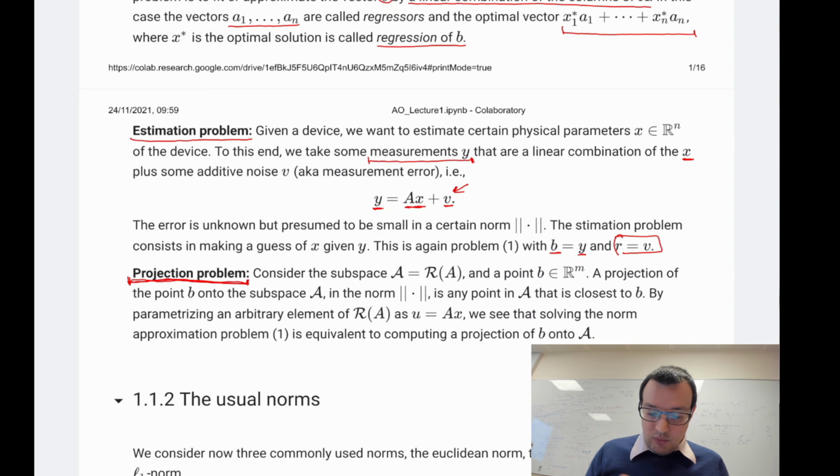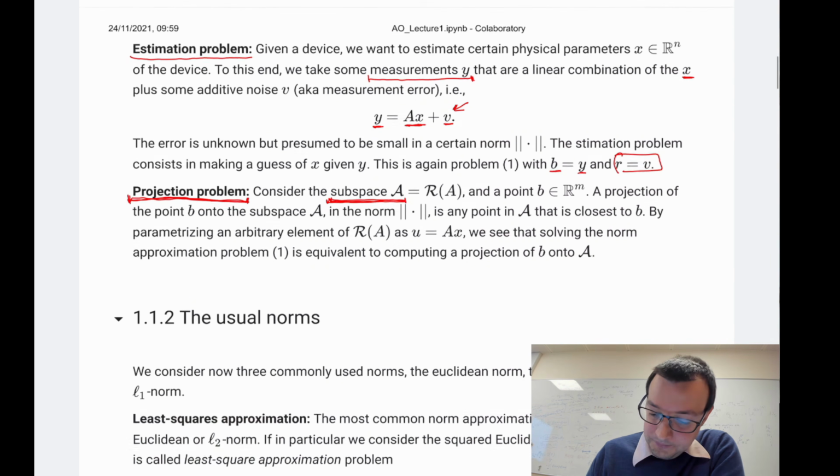We are given a subspace, calligraphic A, and the way of representing a subspace is through the range of a matrix A. The range of a matrix A is all the vectors that can be produced by our matrix A. Given a point b, which is not in this subspace, we want to project it on the subspace. This essentially is asking to find the point in the subspace which is closest to b.